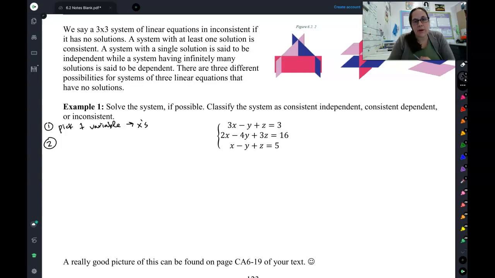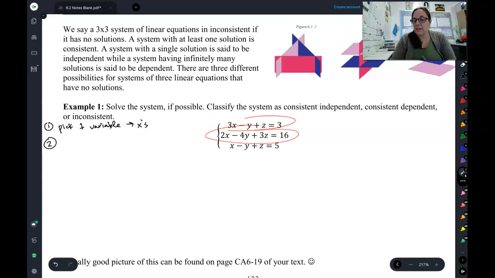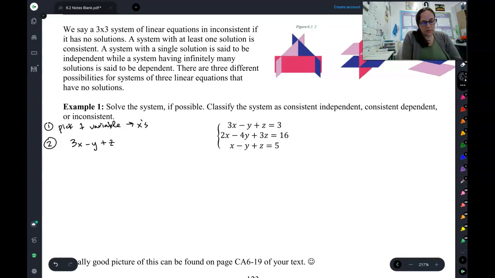It really doesn't matter which pair of equations you pick. You can pick the first and the second, you could pick the second and the third, or you could pick the first and the third. Any of those pairs of equations work. So for today, let's just start by picking the first and the second.